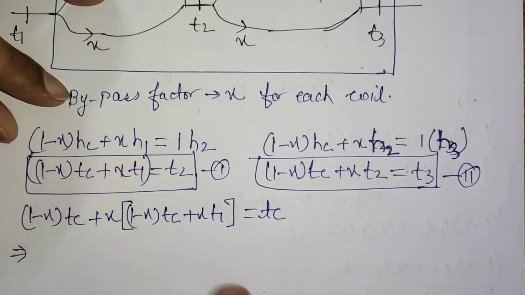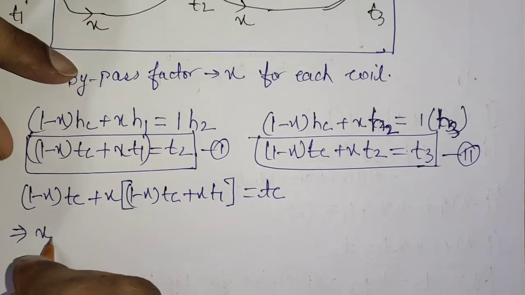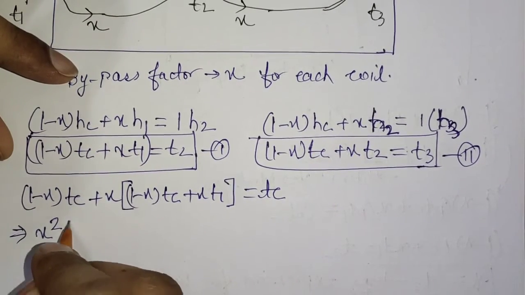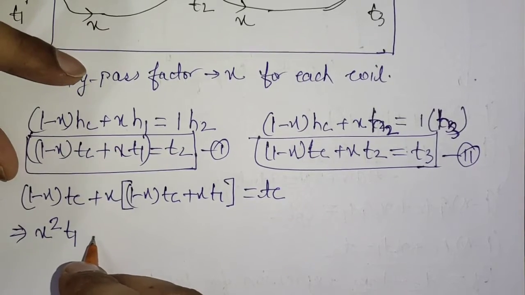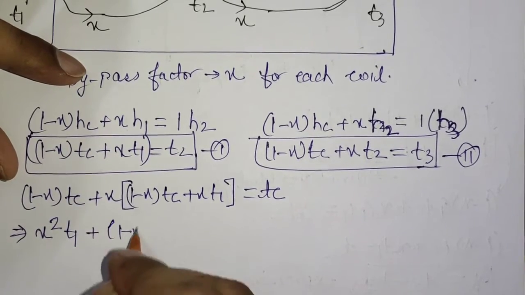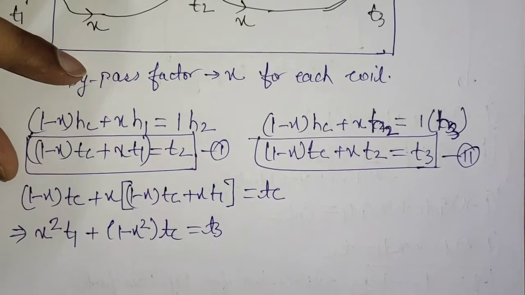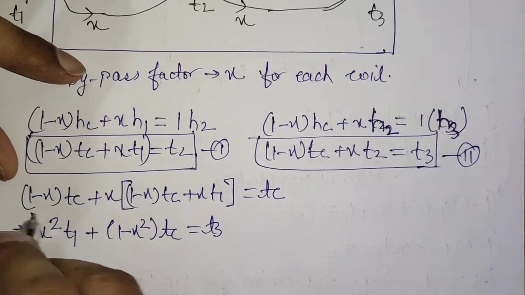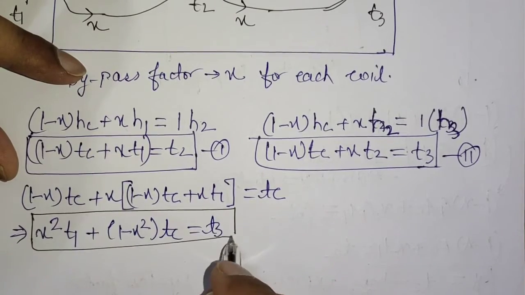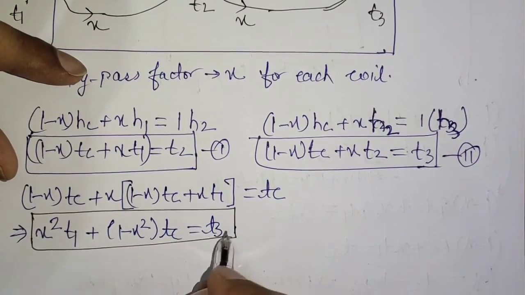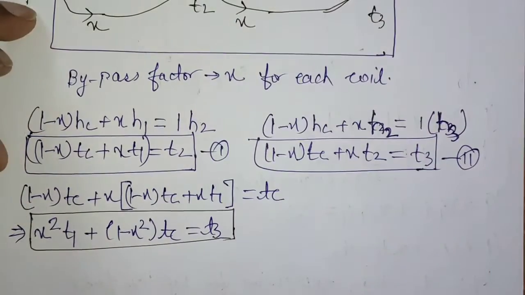Simplifying the above equation, the expression will come out as x square T1 plus 1 minus x square Tc equals T3. This is the expression relating the initial temperature T1, final temperature T3, and the temperature of the coil.